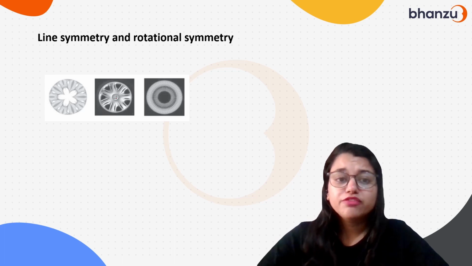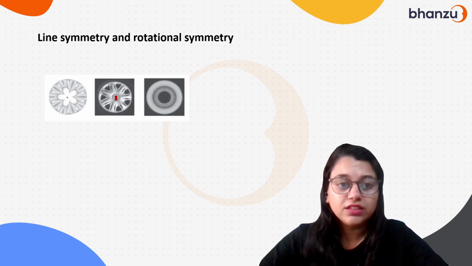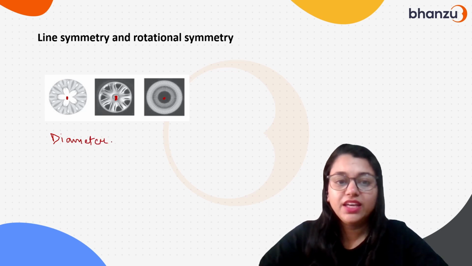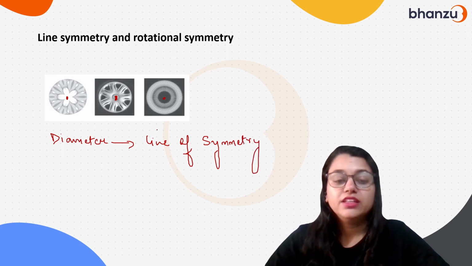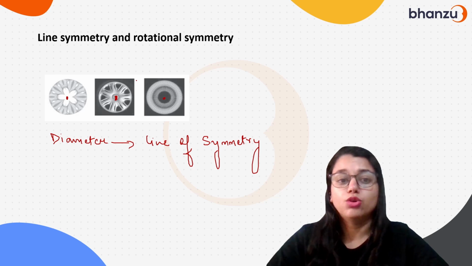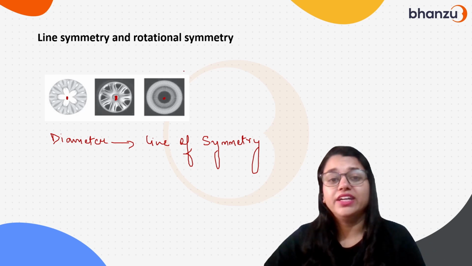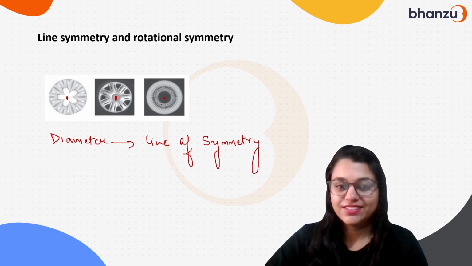Why is it so? Because if you look at the center of the circle, and if we draw a line passing through the center of the circle, that is the diameter of it, then that diameter will be the line of symmetry in case of the circle, right? So we can draw so many lines of symmetry here, right students? Wonderful. Similarly, the order of rotation of a circle is also infinite, because you can rotate a circle every time about its center, right?